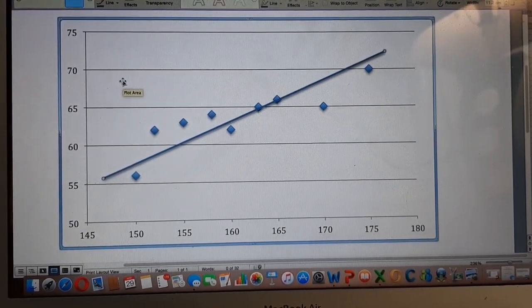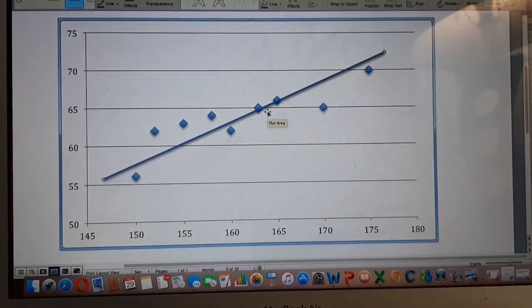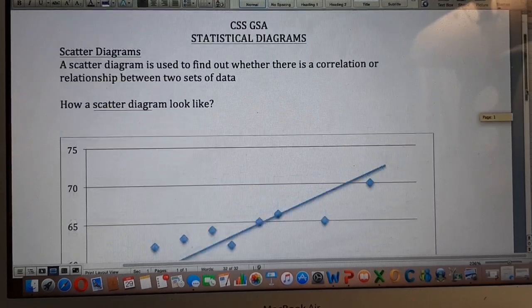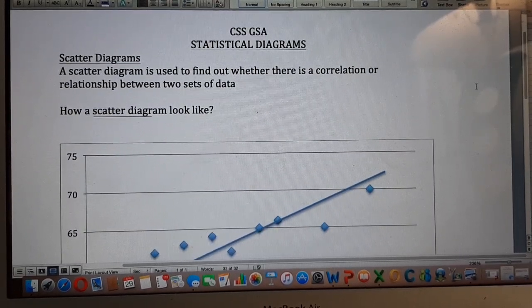So if marks in maths are increasing, the marks in physics are also increasing. That is a positive correlation. This is how you can explain a correlation between two sets of data. So this is one part of scatter diagram. In my next lesson I will be explaining negative correlation and then no correlation between two sets of data. Thank you so much.